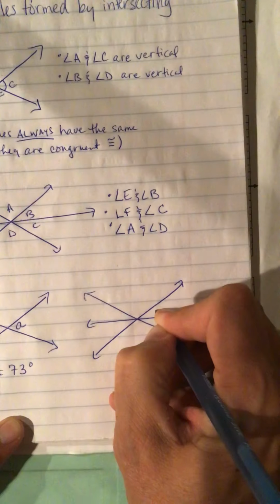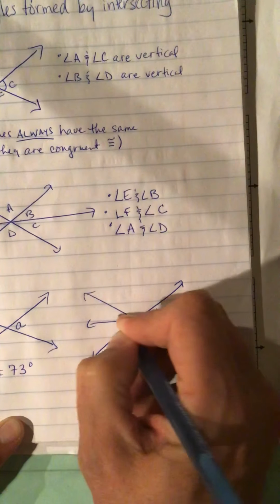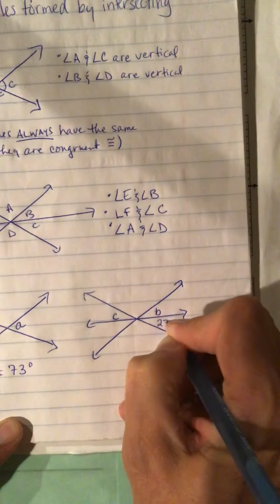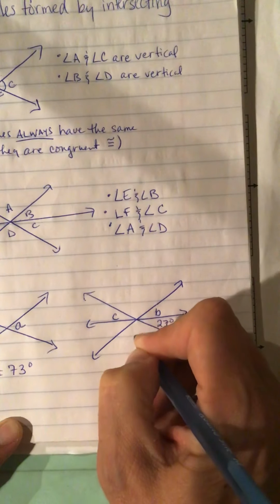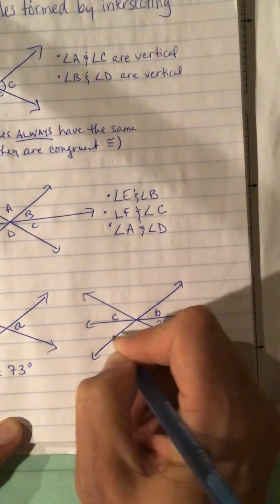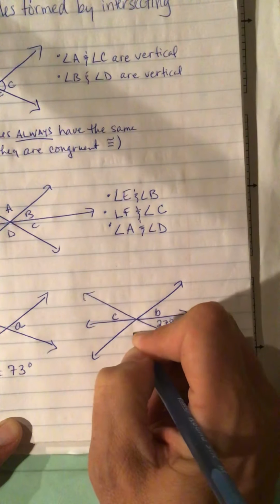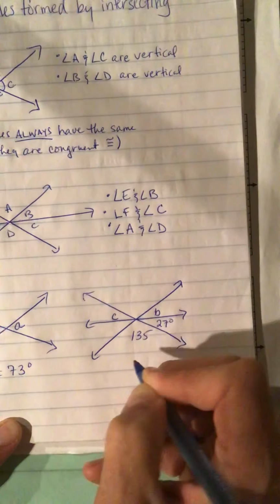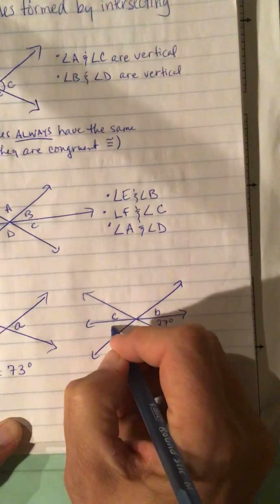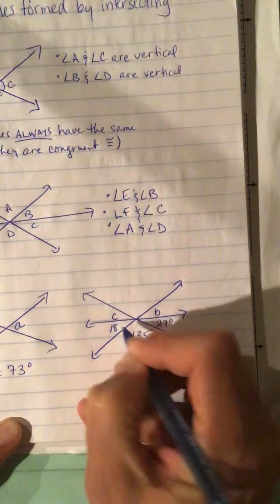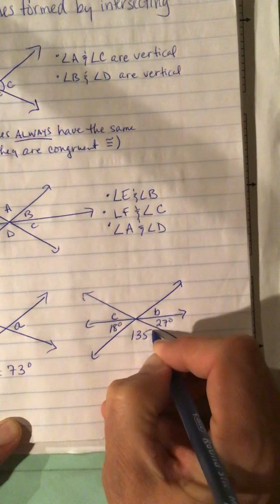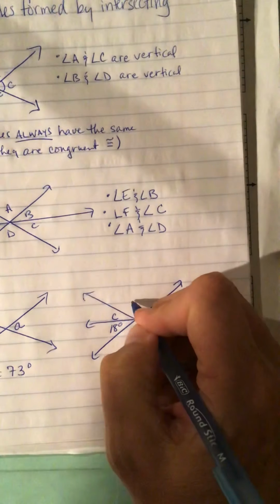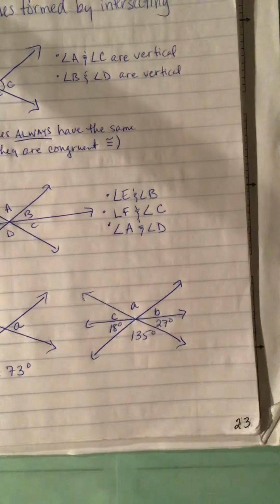And likewise, let's say that we have all of this over here. Let's go B and let's go C. Let's go 27 degrees, 135 degrees, 18 degrees, and let's go ahead and put an A right there.